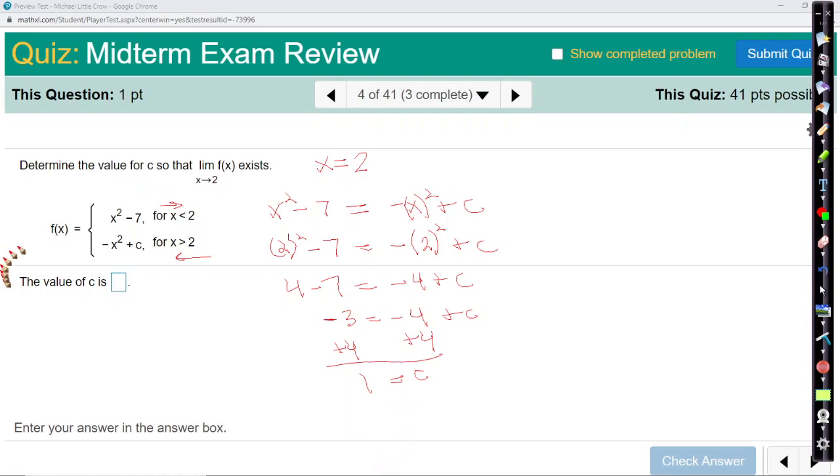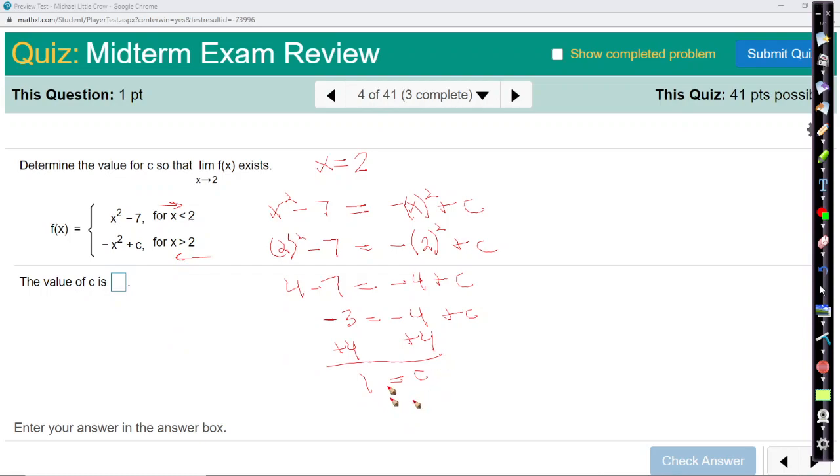And you can kind of check it, I guess. Is x squared minus 7, as we get close to 2, going to be the same thing as this? It's got to be now, right? Minus x squared plus 1 has got to be the same as this when we're getting to 2.